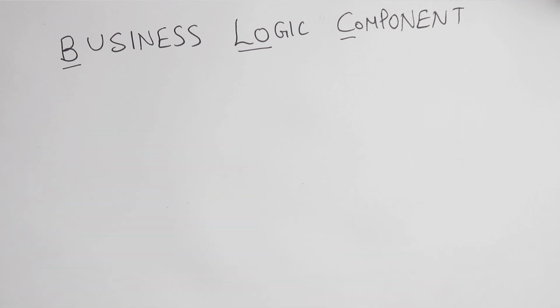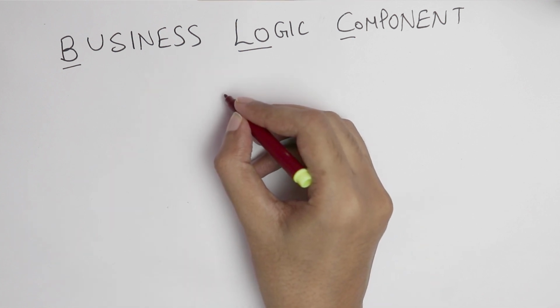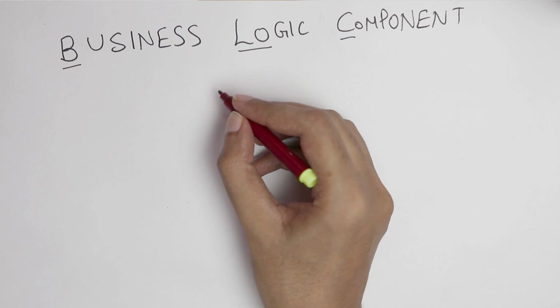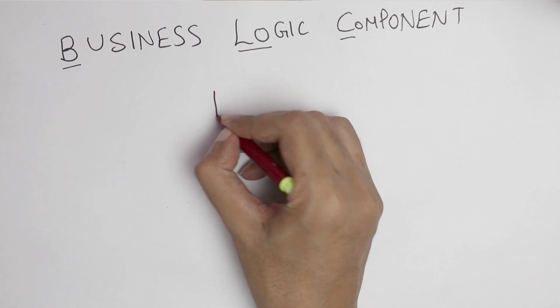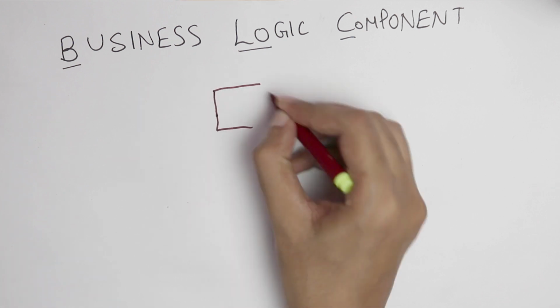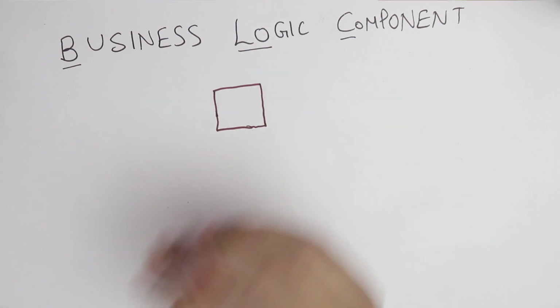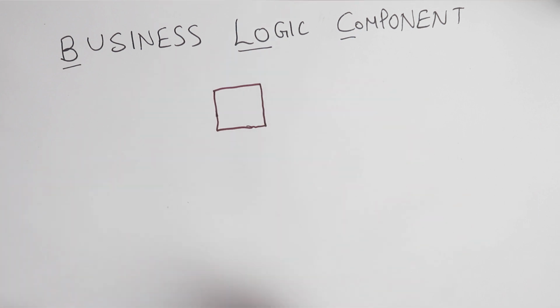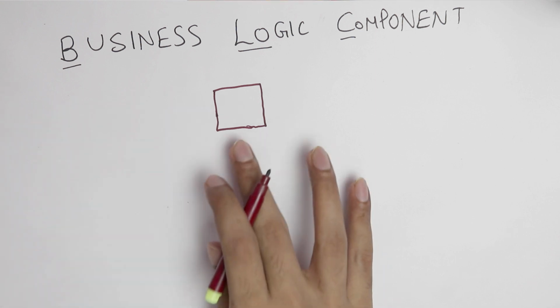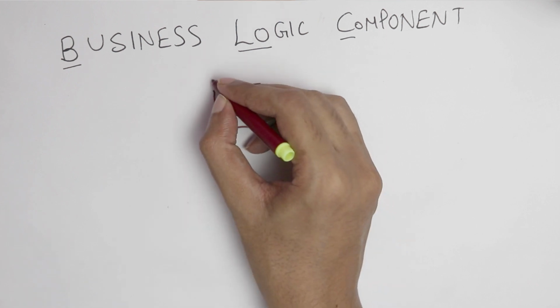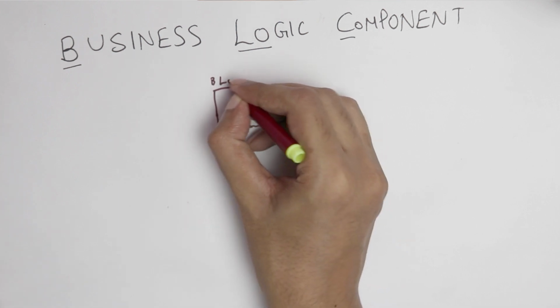Assume that this box is the business logic of your application. Is it visible? Yeah, it's visible. Whatever you want to do, the calculations, the processing, whatever you want to do with regards to the purpose of building the application, is present inside this business logic component.